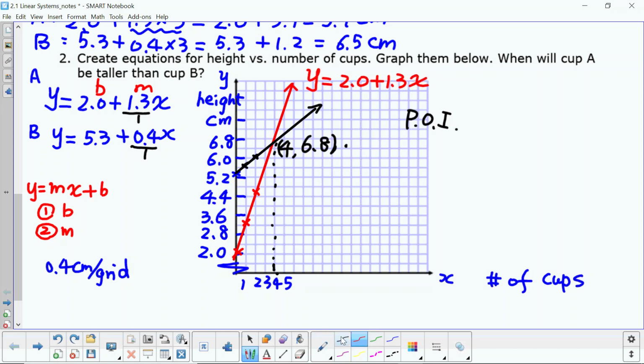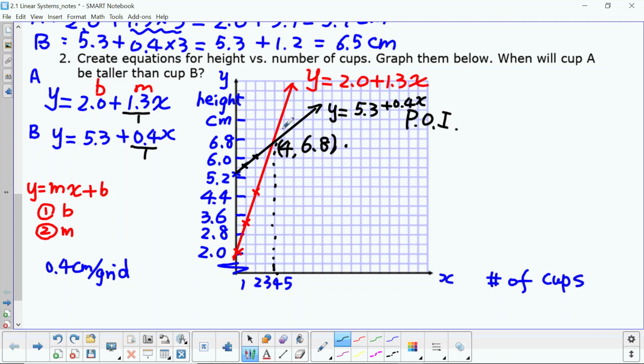And another one is for cup B: y equals 5.3 plus 0.4x. So before 4 cups, cup B is higher than cup A, because this is height.